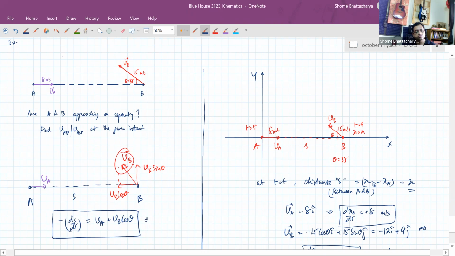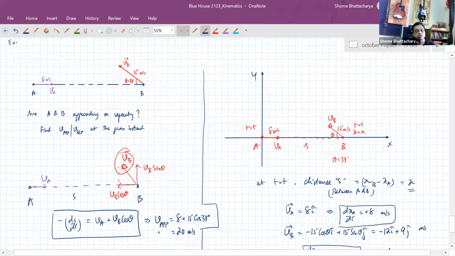So that will become an approach velocity of 8 plus 15 cos 37 degrees, so that will become 20.